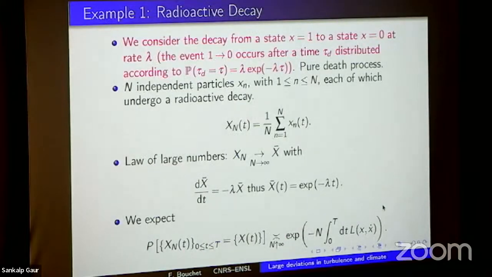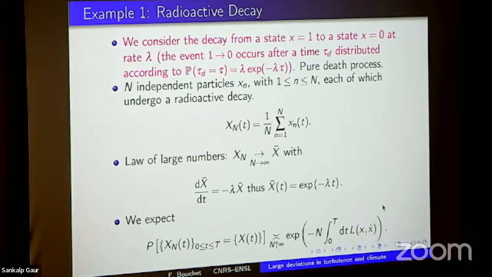So let me give you a very simple example, just to show you that we can go beyond white noise. Here I consider just radioactive decay. You have particles, and they have a rate to decay. So you have a state 1, and you go to the state 0. This would be the radioactive element, and this would be the element without radioactivity.